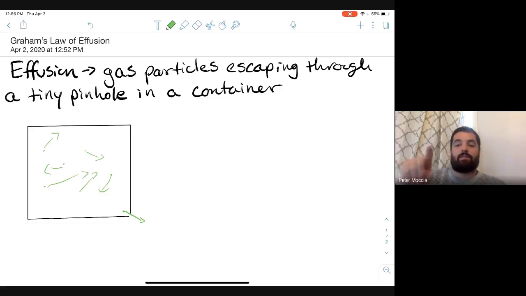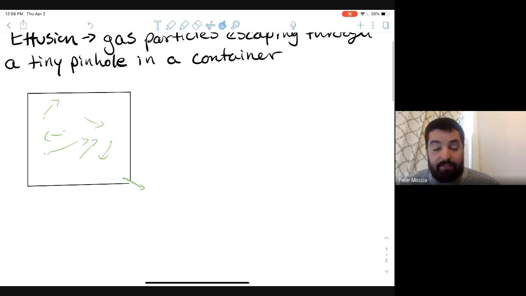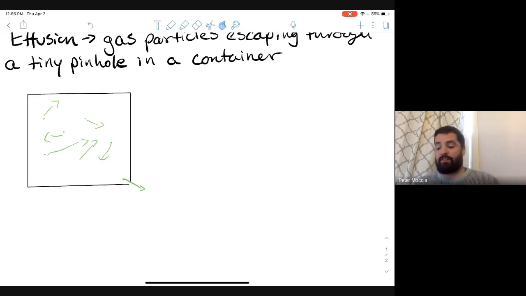It's like the screensaver scene in The Office when finally it hits the corner. So this is like one of the gas particles finally gets out of this pinhole. Okay. Now we're going to talk about different rates of effusion.